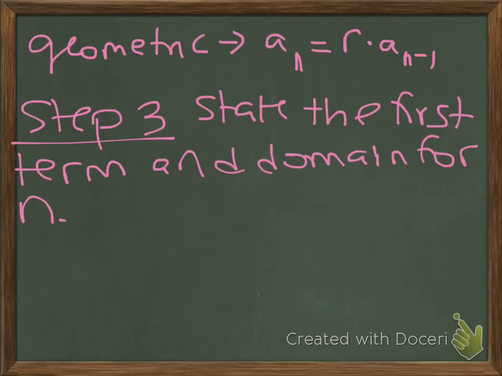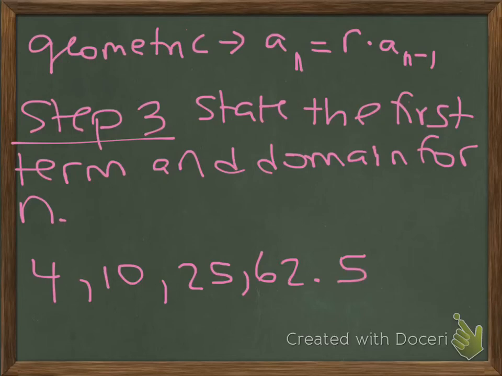And the first step, if we're given a sequence, let's say we have this sequence, is to determine either the common difference or the common ratio. So we're going to subtract the second term minus the first term, and then the third term minus the second term, and then the fourth term minus the third term.